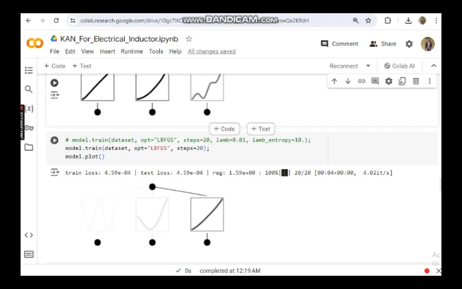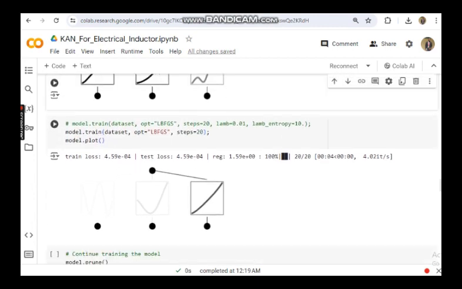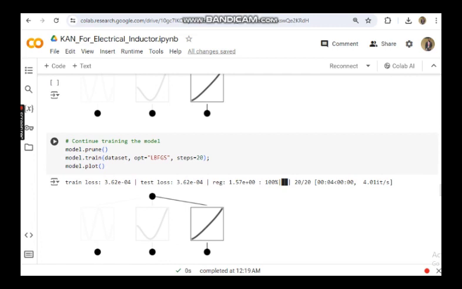Then we start training the KANs. One advantage of KANs is that you can keep training them in batch sizes. Then you can prune them so that you can reduce the size of these models. I'm using this as the optimizer and these are the steps.